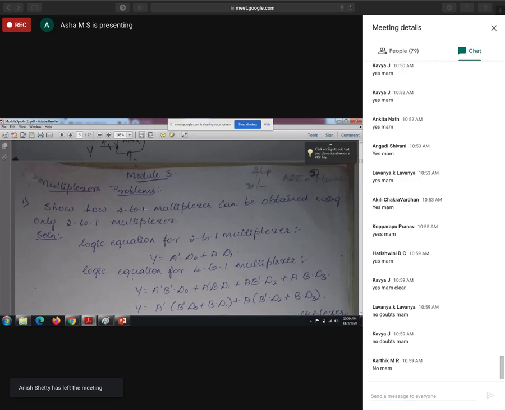Show how a 4 to 1 multiplexer can be obtained using only 2 to 1 multiplexers. Construct.